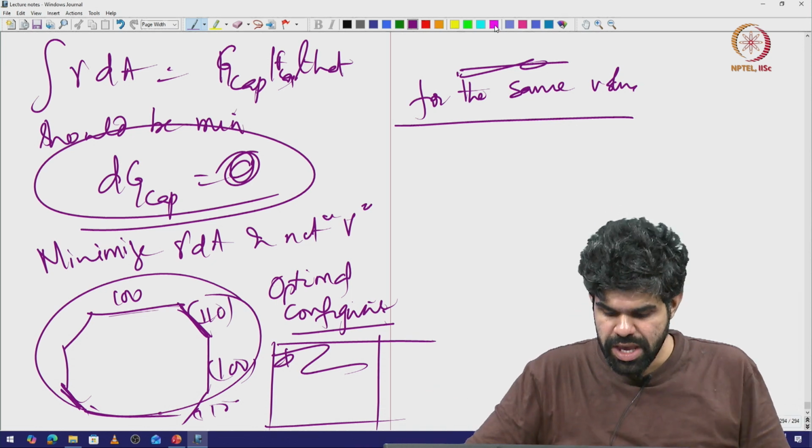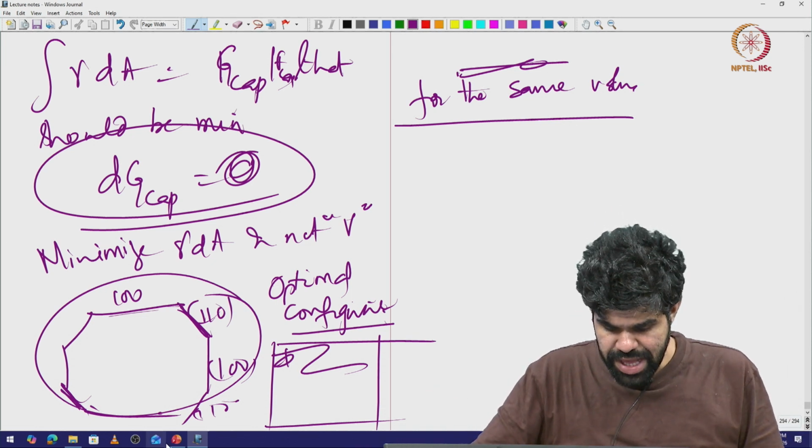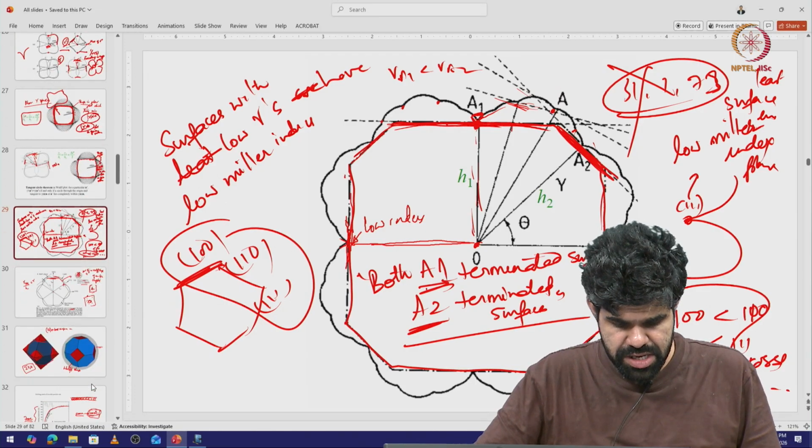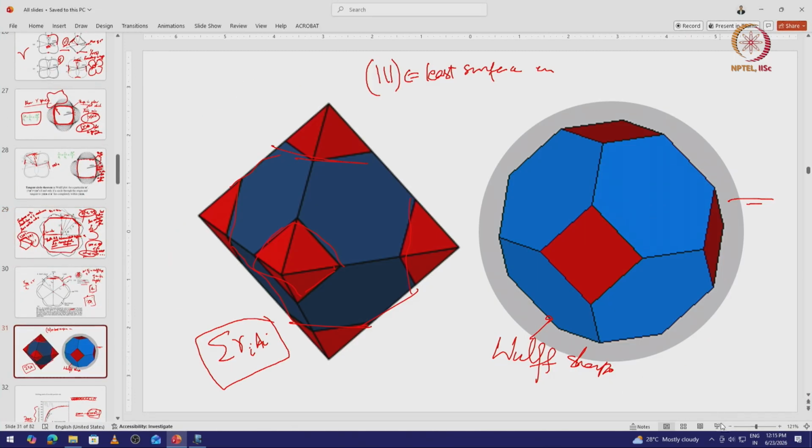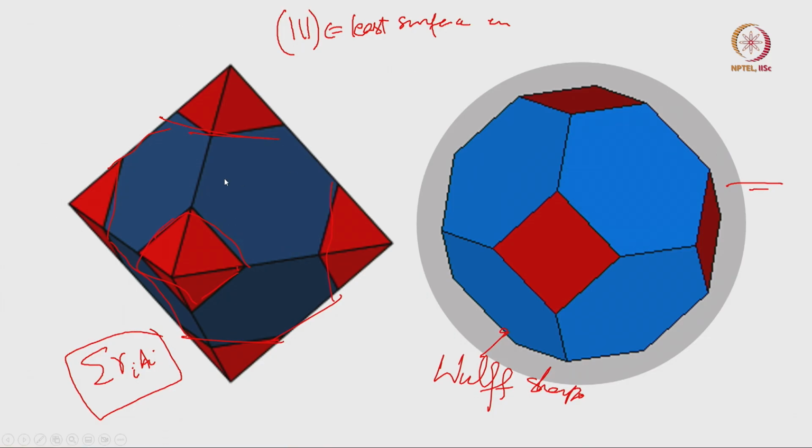Okay. Now, this is better exemplified in this example, right. If I take an FCC crystal, ideally in an FCC crystal, I have an octahedron of 111 planes. So 111 planes just make an octahedron, right. So 1 2 3 4 facets on the top, 4 facets on the bottom.